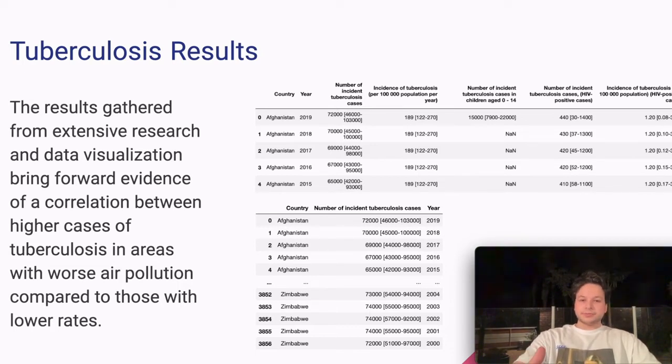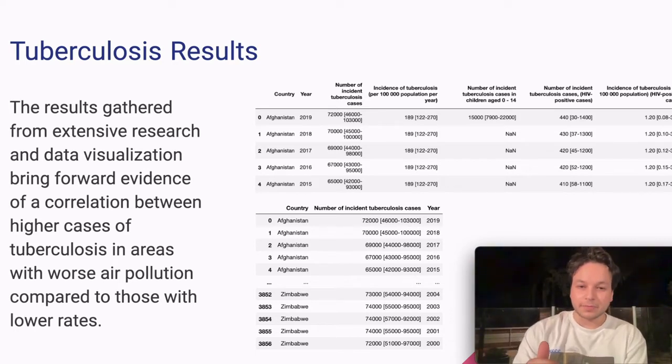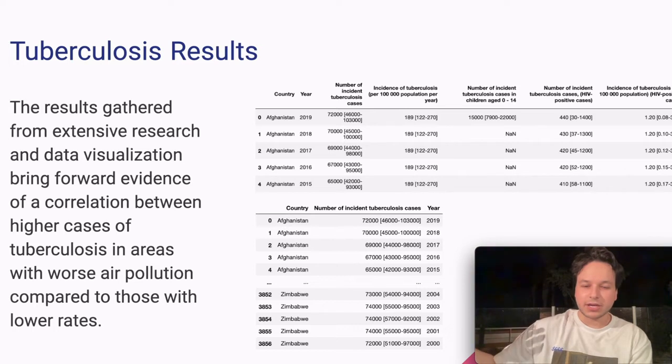So as you can see here, in Afghanistan, there are quite significantly high cases of tuberculosis. But then, if you look at Zimbabwe, they have more consistently higher cases than in Afghanistan.